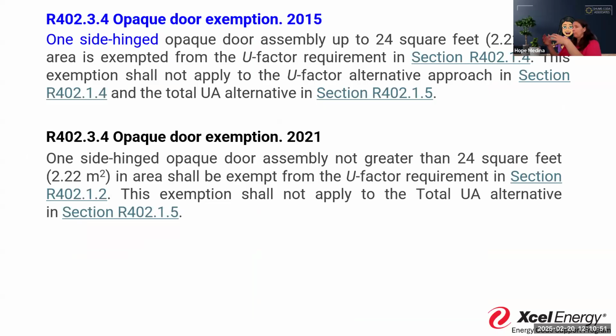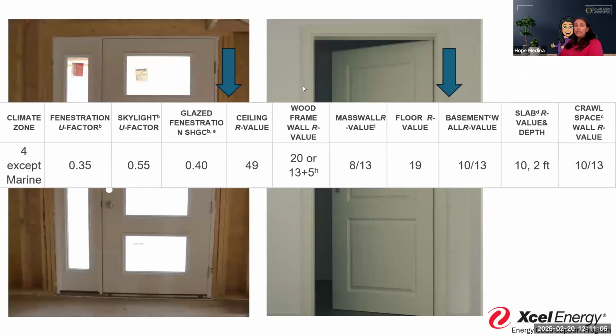When we talk about those opaque doors, if you go into REScheck, REScheck asks you what the U factor is for those doors. Now, there is nothing in this table that talks about the R value of the door, because the R value is associated with the insulation, and insulation is not being placed on that door.